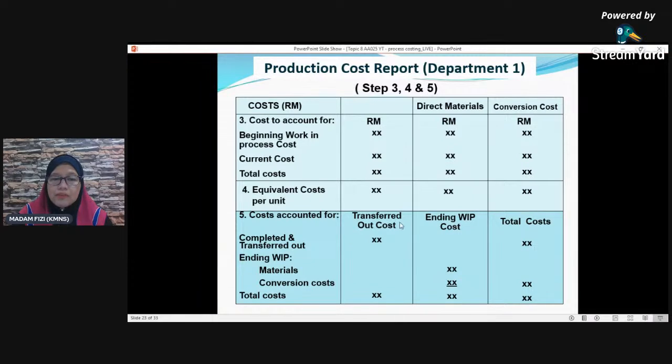So here the kotak, this one is for transferred out cost. The second kotak is for the ending work in process cost. And the last kotak is for the total cost.